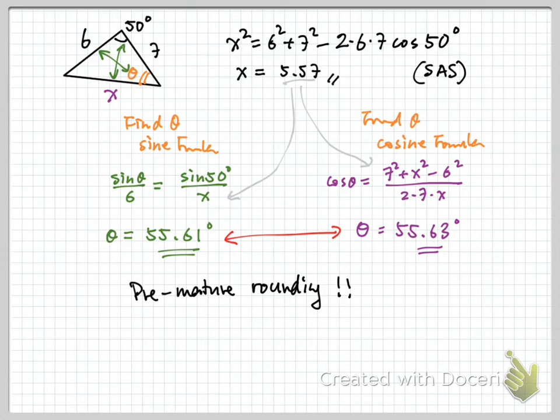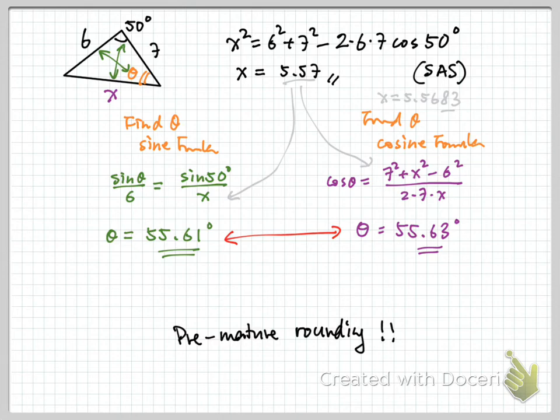If you go back and look at x, and allow more decimal places, x should be 5.5683. If you use that extended accuracy number in the calculation, we'll see a different result.